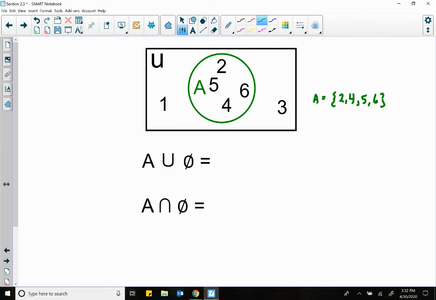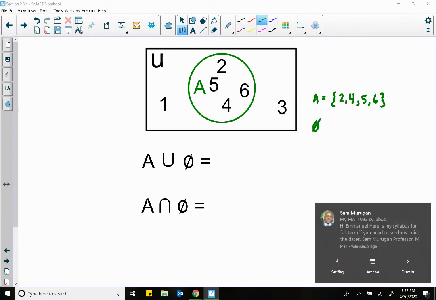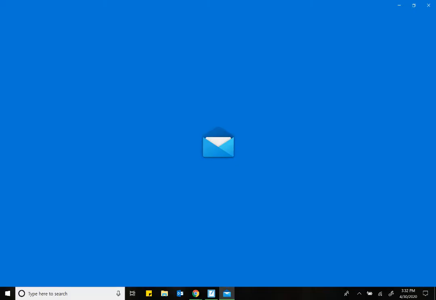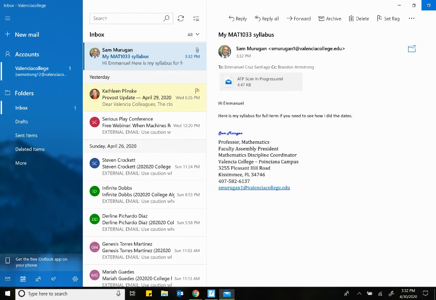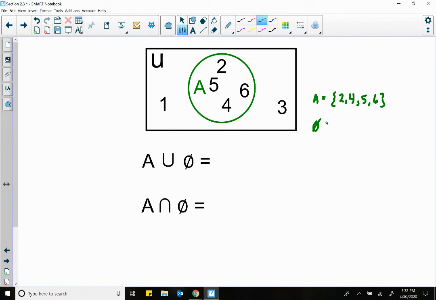Now remember, the empty set has nothing in it.